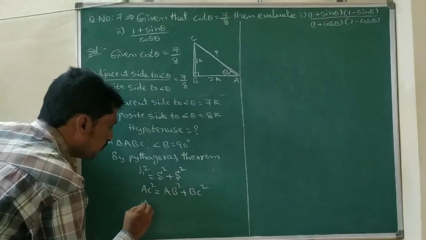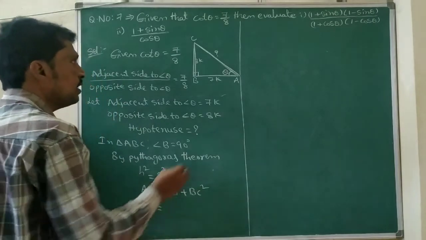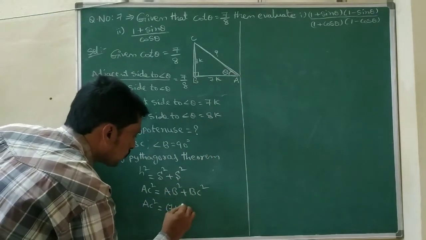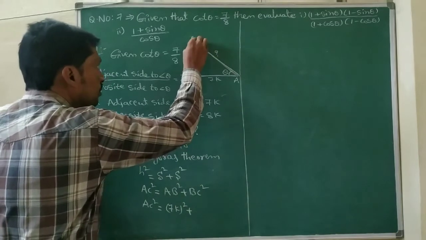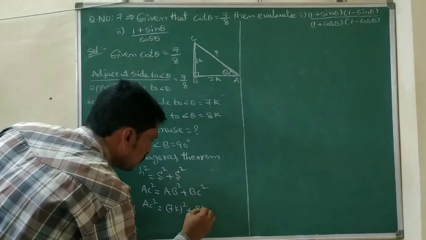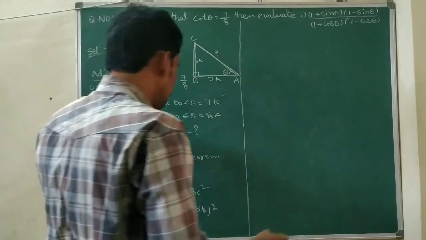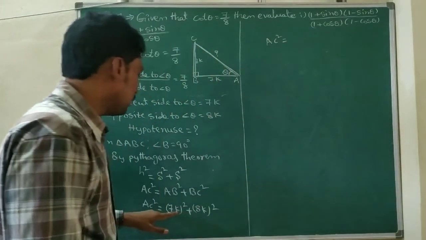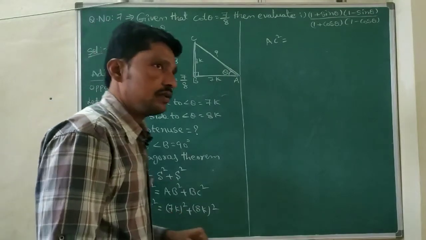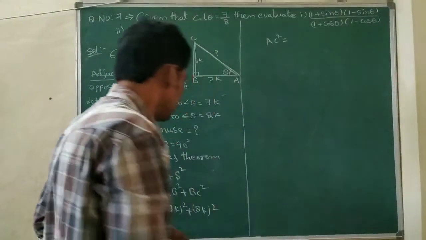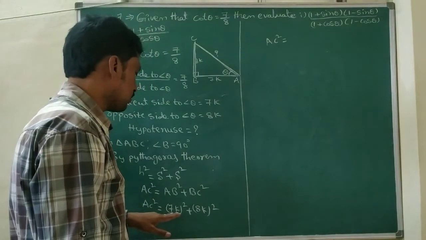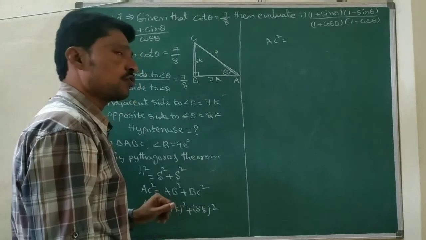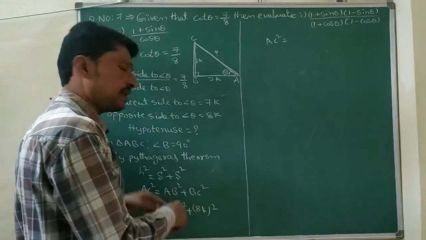So hypotenuse square we don't know, AC square. AB value how much here? 7k whole square plus BC value is 8k whole square. 7k whole square means 7k into 7k.